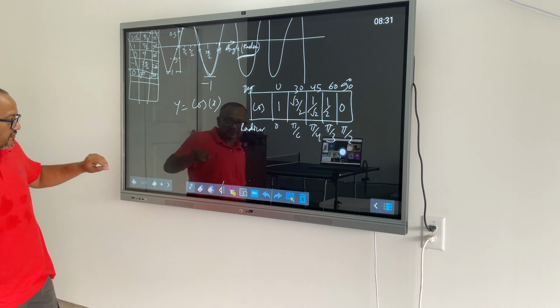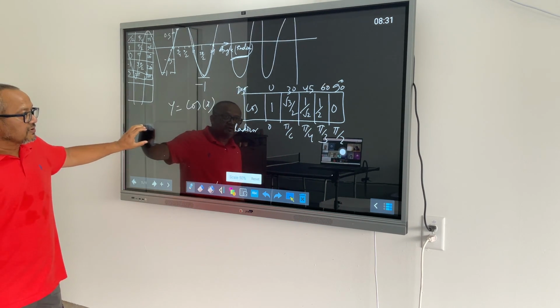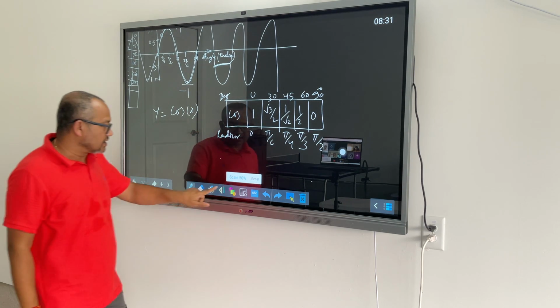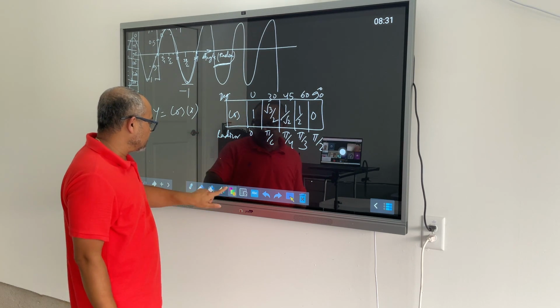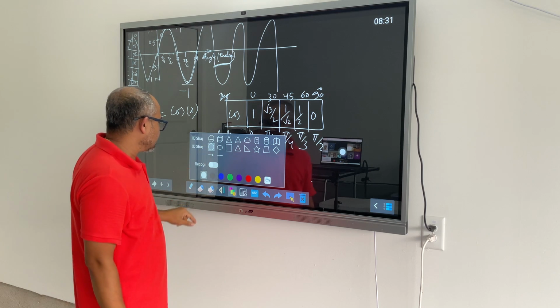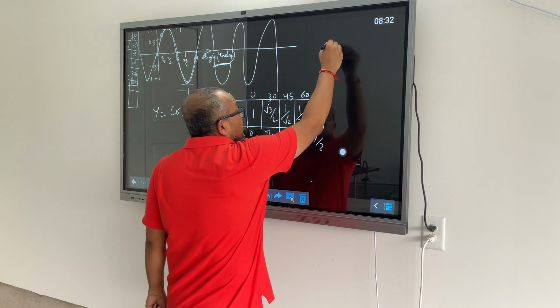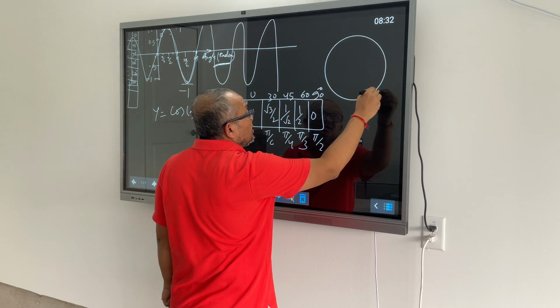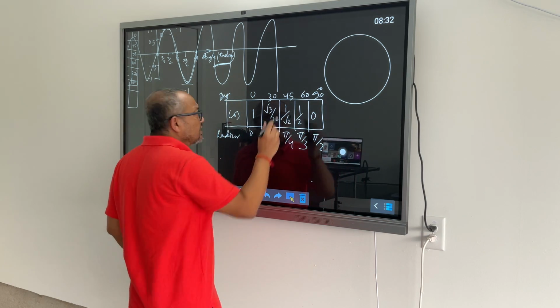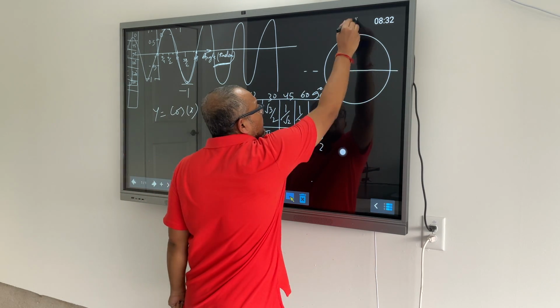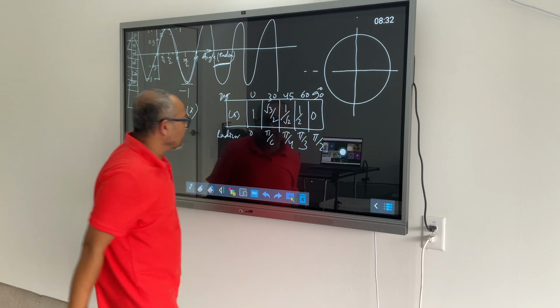So we have this table for reference. Same thing, I will quickly draw this unit circle also, because we know that we need this. This is my unit circle. It will only be a quick reference guide for us. It will just tell me what my values are going to be.